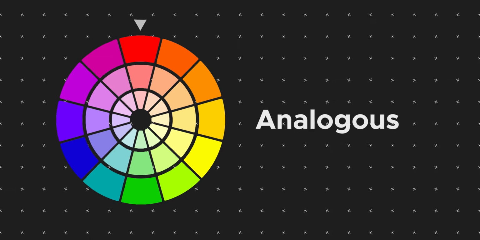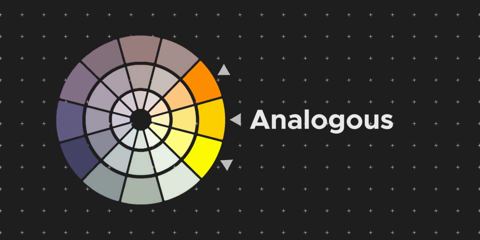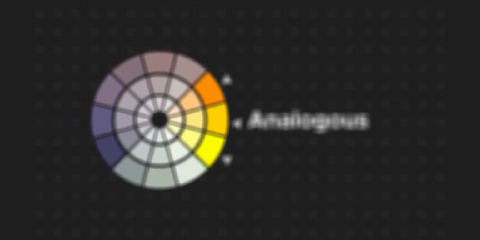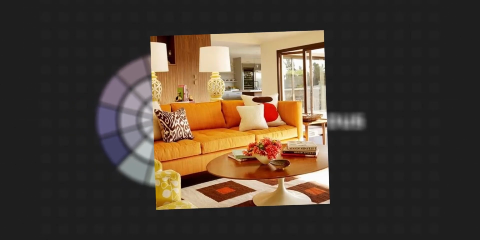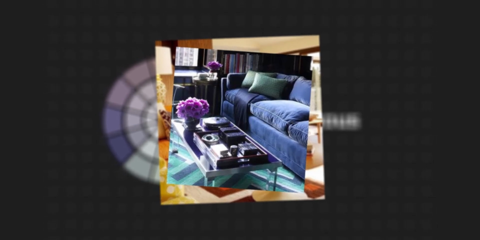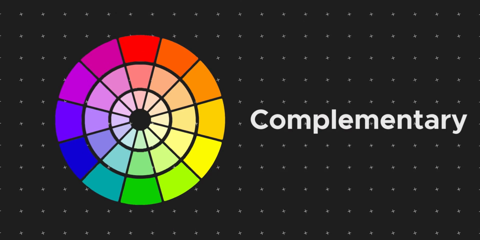Up next, analogous. Analogous color schemes are a color combination made of neighboring colors in the color wheel. Because of the physical closeness on the color wheel, they often look similar to one another, and therefore make a good-looking color scheme. Third one is complementary.